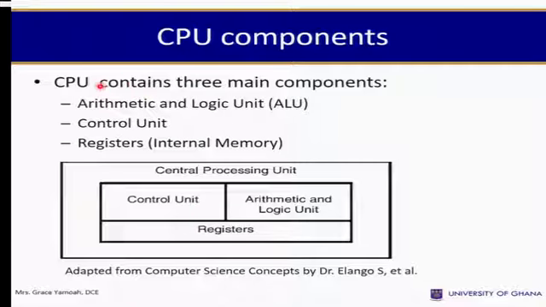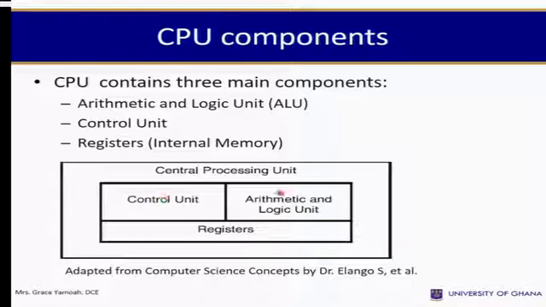The CPU contains 3 main components: the arithmetic and logic unit, the control unit, and mostly registers, internal memory. As you see in the diagram, we have the control unit and the arithmetic unit on the same level with the registers below, because data that the arithmetic unit needs to work on is taken from the register, which is a kind of internal storage for the CPU area.